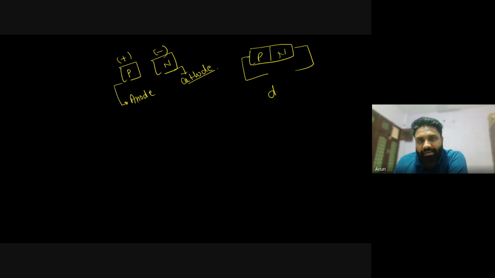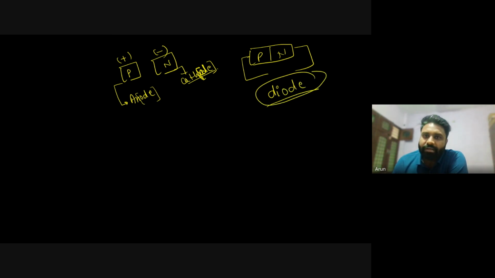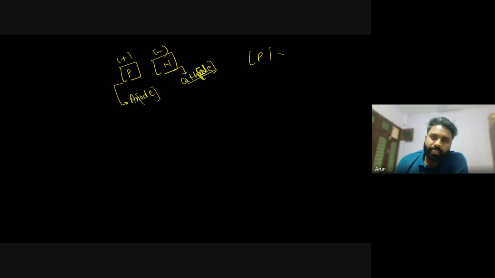Two means di, and we have stolen this ODE from electrode, or you can say cathode or anode. We have stolen this term ODE and attached it here. So that is why it becomes diode.